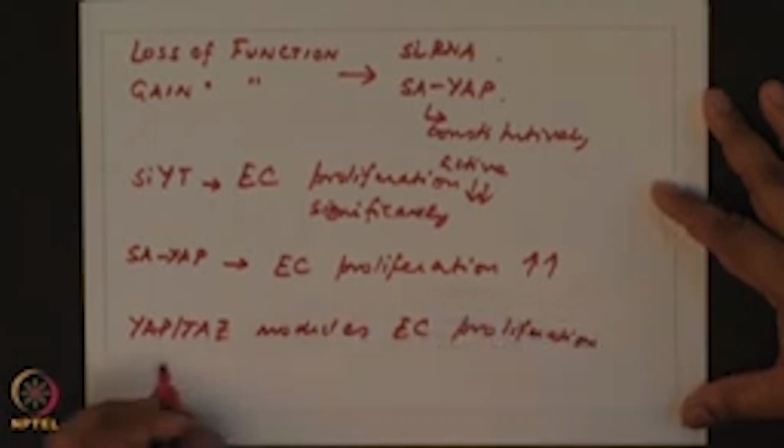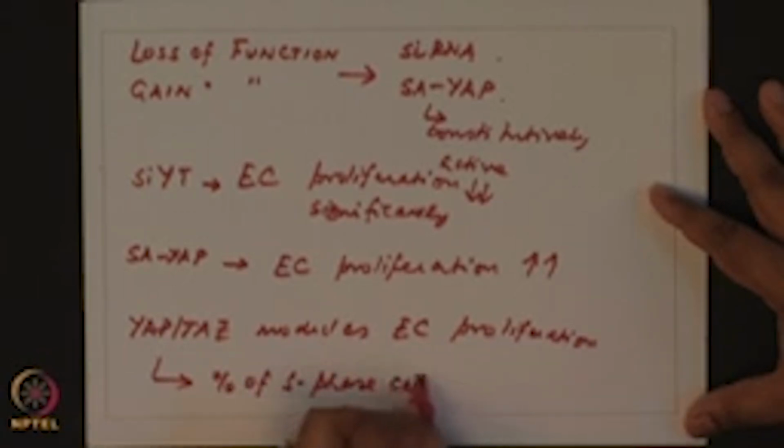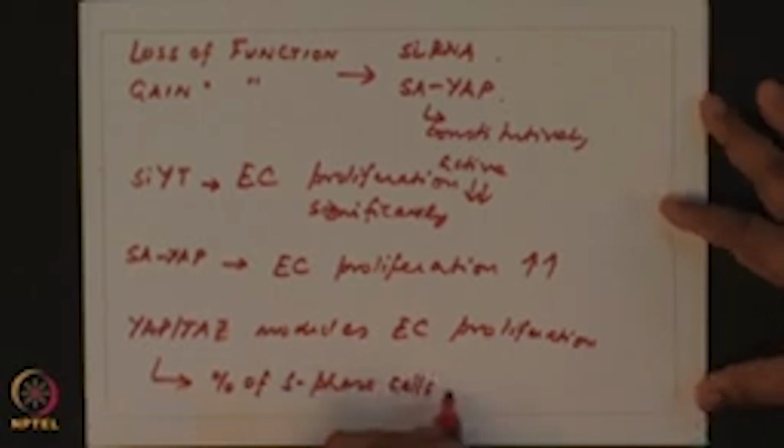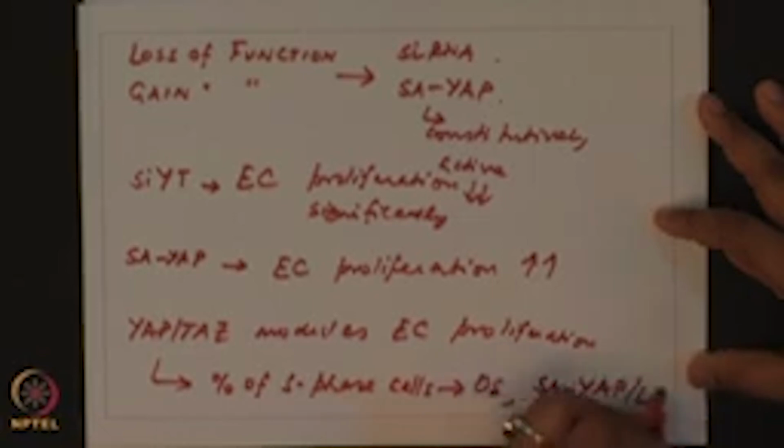And mechanistically what they found was the percentage of S phase cells was significantly increased under oscillatory shear stress, as well as when YAP was overexpressed, even under laminar shear stress conditions.